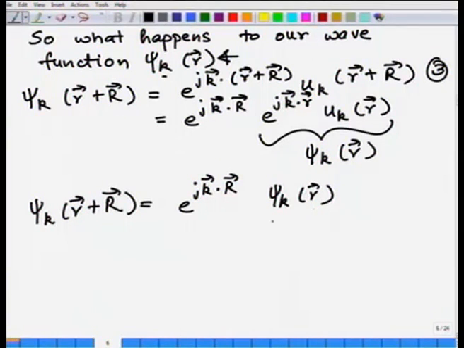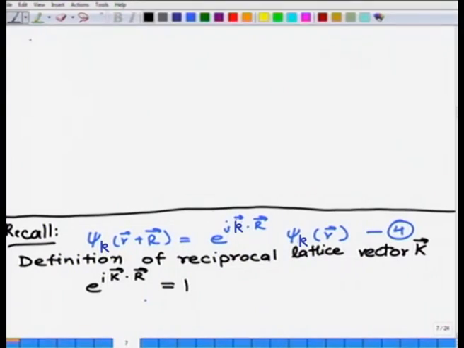The wave function in one primitive cell differs from another primitive cell by this quantity. So, there is a phase difference in the wave function between one cell and another cell. That is what we have figured out.